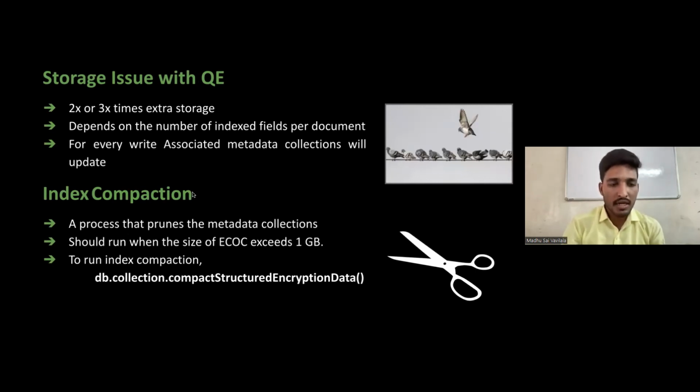Data and index compaction: whenever the ECOC collection exceeds 1 GB in size, we run the compact structured encryption data command, which prunes the metadata collections.